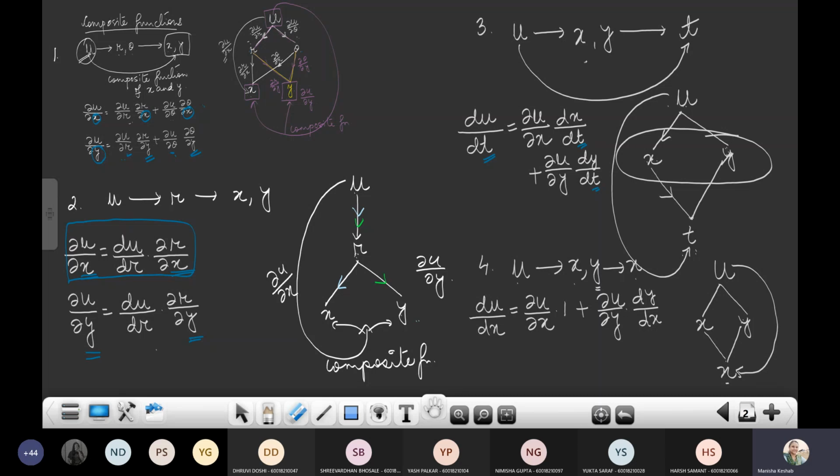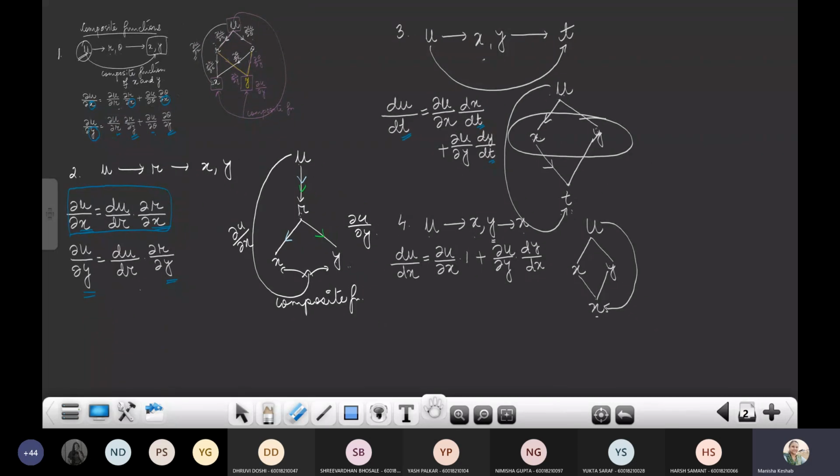Now, the next possibility we consider: suppose u is constant. So if u is constant, suppose we have u is equal to c.